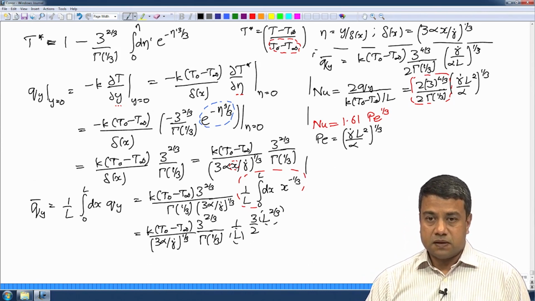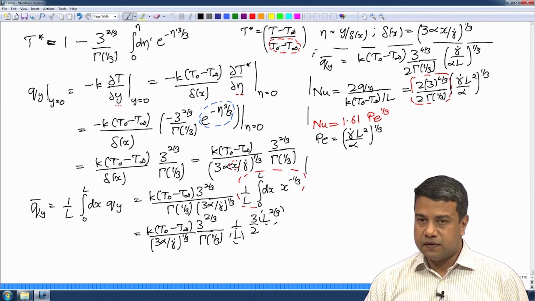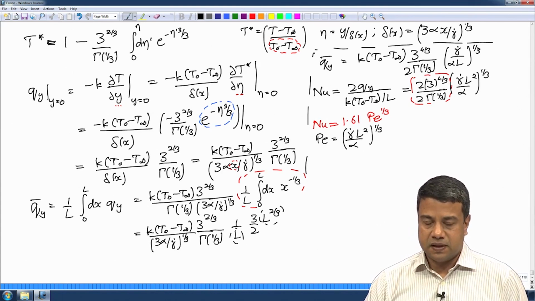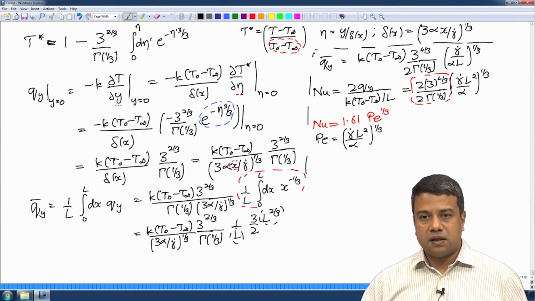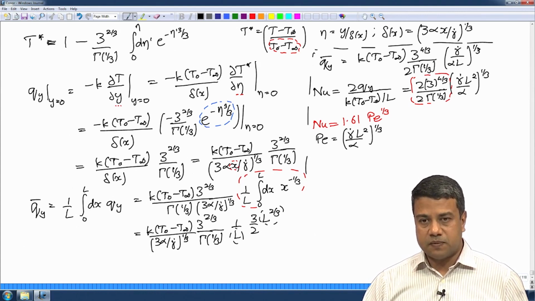So, from the boundary layer equations we had got a similarity solution in terms of the similarity variable alpha. Once we had that solution, we calculated the heat flux at the surface, and from that the average flux by integrating over the streamwise distance. The boundary layer thickness was proportional to the Peclet number based upon x to the minus 1/3 power.